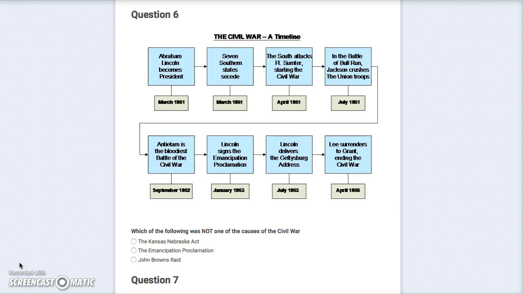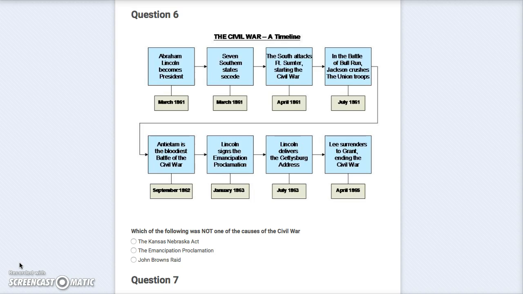In the Battle of Bull Run, Jackson crushes the Union troops. September 1862. Antietam is the bloodiest battle of the Civil War. January 1863. Lincoln signs the Emancipation Proclamation. July 1863. Lincoln delivers the Gettysburg Address. April 1865. Lee surrenders to Grant, ending the Civil War.